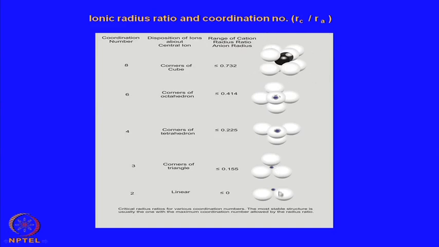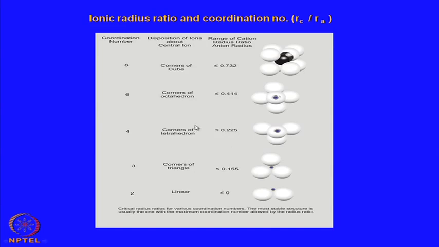So, this is a very important consideration: what kind of coordination a particular cation will have in an oxide matrix or an oxide skeleton. Depending on the size of the cation, it will go to different configurations and different interstitial sites, and that will also change the symmetry in the unit cell and the unit cell dimensions. Okay.